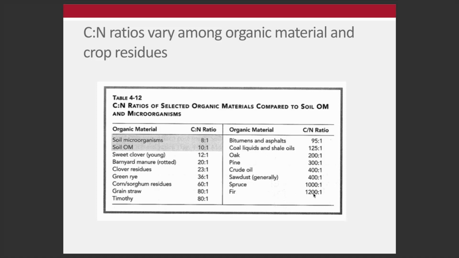That's all they really are, with a teeny bit of nitrogen peppered in. For fir here, it's suggesting 1 nitrogen for every 1,200 carbon atoms, which is quite low.